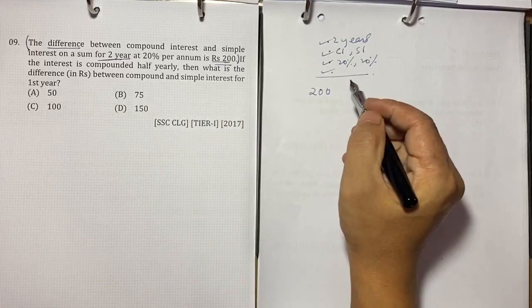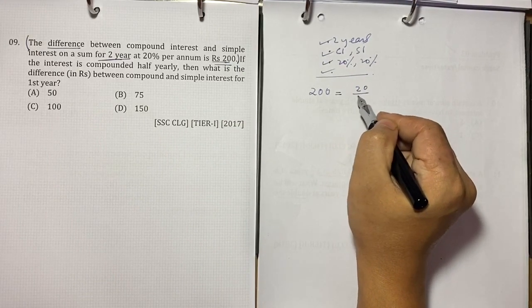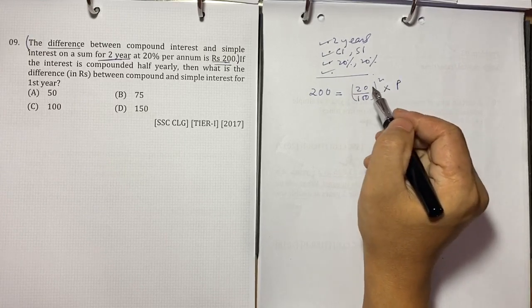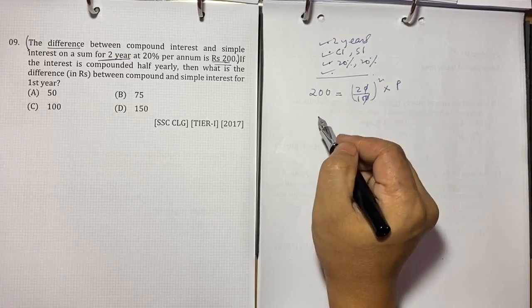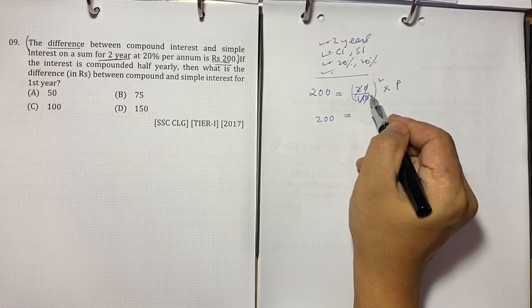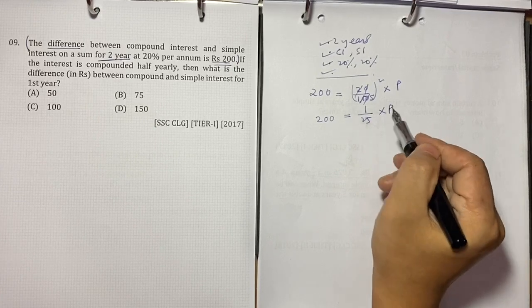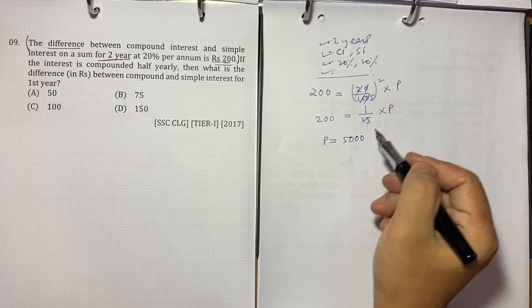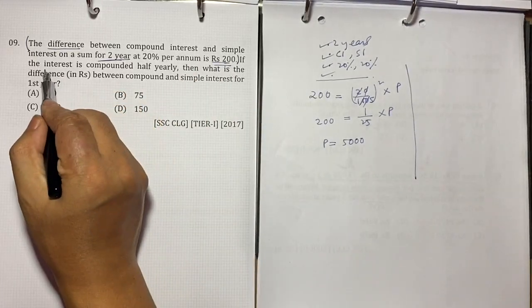The formula: difference equals (r percent) square into principal, so 20 by 100 squared into principal. Cancelling, this will be 200. Divided by 5, 1 by 5 squared is 1 by 25 into P, so P equals 5,000.